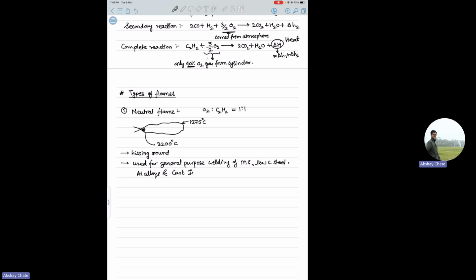Okay, so cast iron, sometimes they ask some questions like that. So this is about a neutral flame.